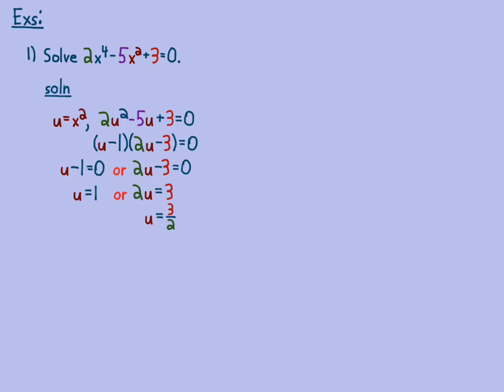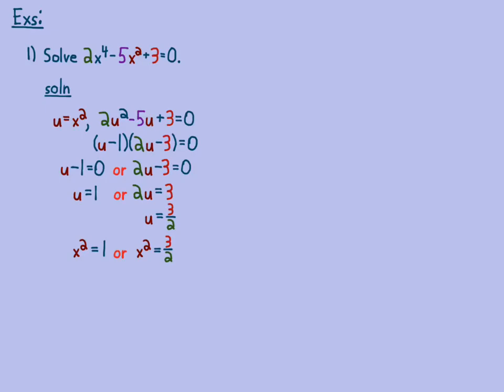Now, the thing is, you have to remember, the original equation doesn't have a u in it. It's 2x to the fourth minus 5x squared plus 3 equals 0. So you have to be careful with these that you put the x back in. So u is x squared, so you need to substitute the x squared in at this point. So I get these 2 different equations.